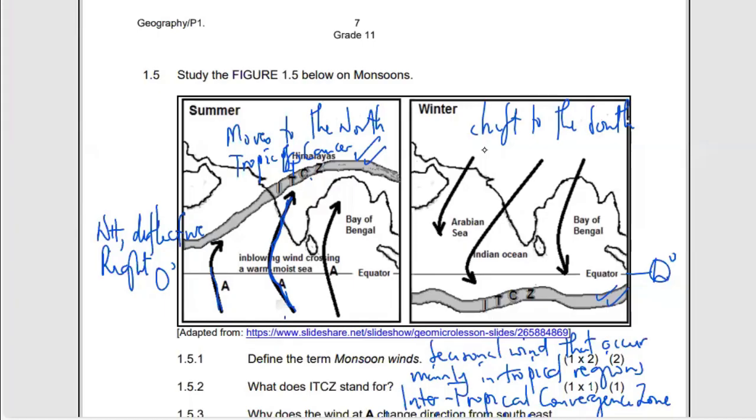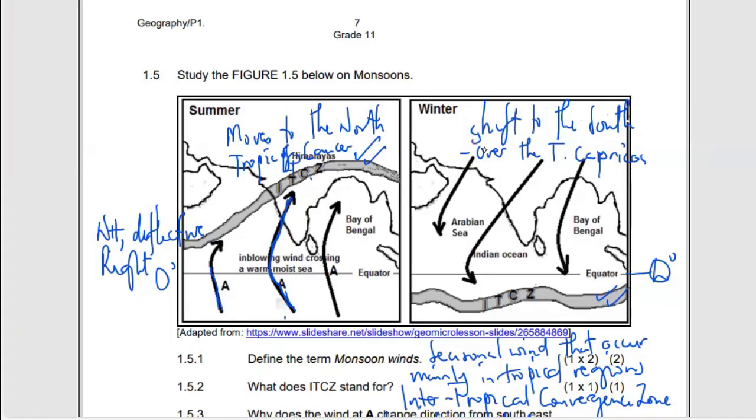Why? The sun's overhead position is over the Tropic of Capricorn, which is winter. So you must know in the sense, in the geographical sense of the northern hemisphere.